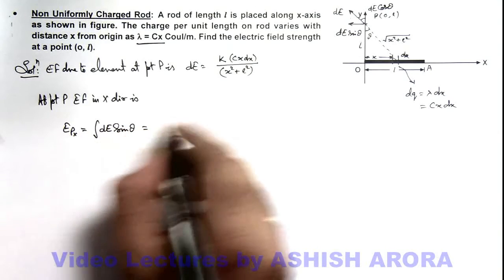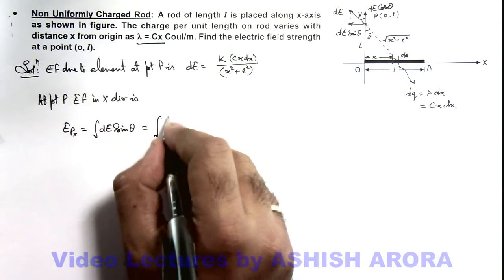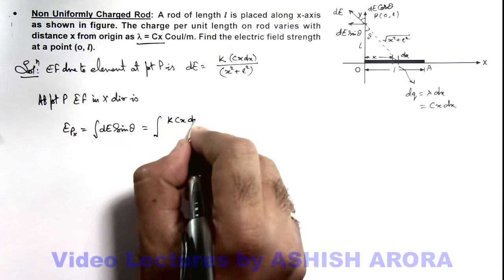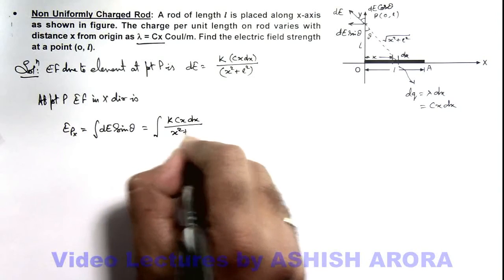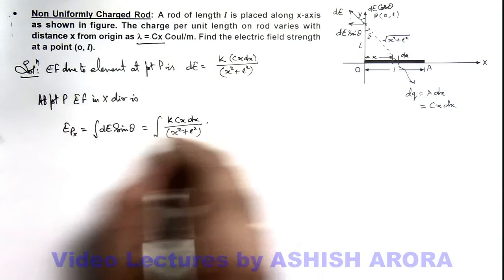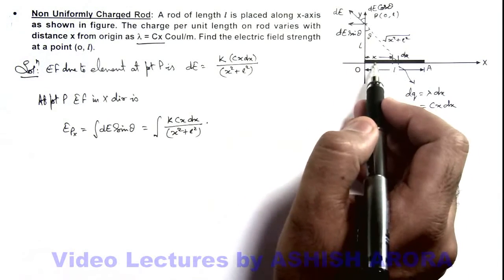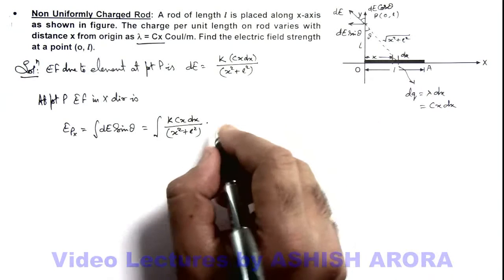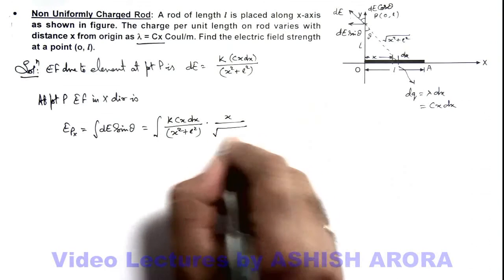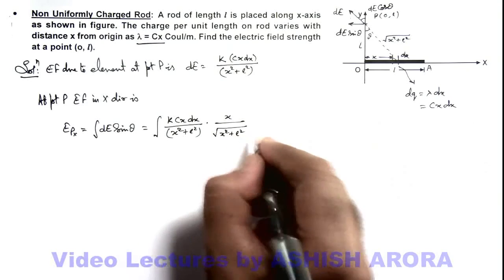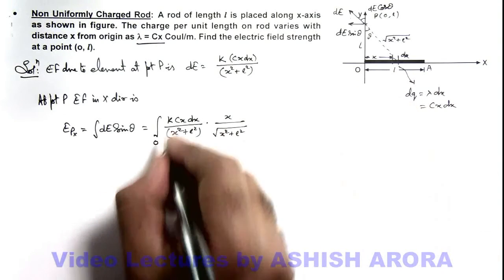We substitute the values. The value of dE is k Cx dx by x square plus L square multiplied by sine theta. In this triangle, the value of sine theta we can write as x by root of x square plus L square. And we integrate it from 0 to L.